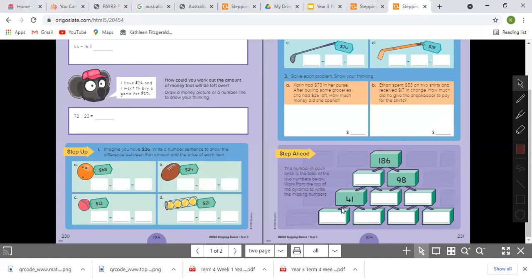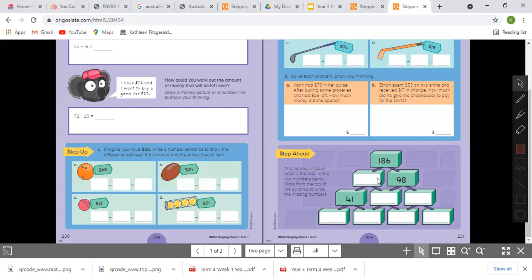Okay, the number in each brick is the total of the 2 numbers below. Work from the top of the pyramid to write missing numbers. And now you're going to have to work out what is the number that I add to 98 to get to 186. And to do that, you're going to have to do a subtraction of 186 minus 98.